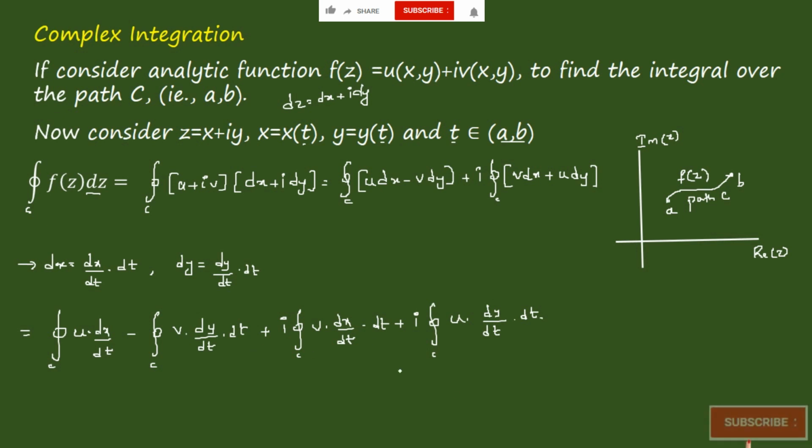So by finding the value of dx by dt and substituting the values, we get the function, right? Now we have to integrate four times, so it becomes very complex.